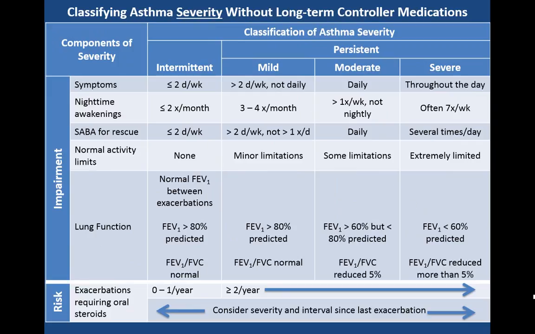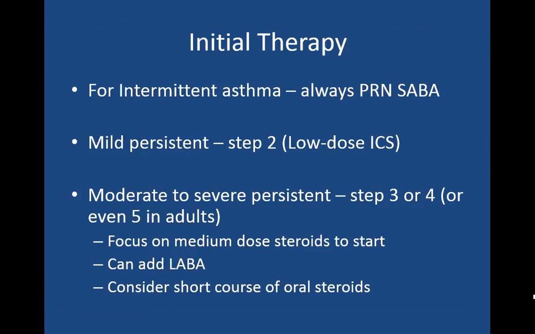Questions? So, again, this is back to severity without long-term control medication. Like we said, intermittent versus persistent. I wanted you guys to know these intermittent categories. So if they have intermittent asthma, like we said, a short-acting beta agonist as needed. If they have mild persistent or any kind of persistent, they're going to get step 2, which is a low-dose inhaled steroid, right?